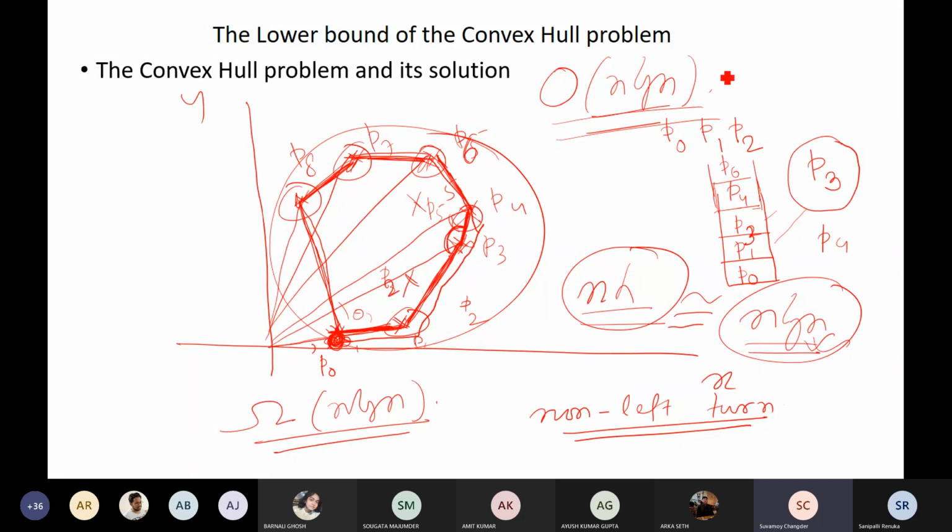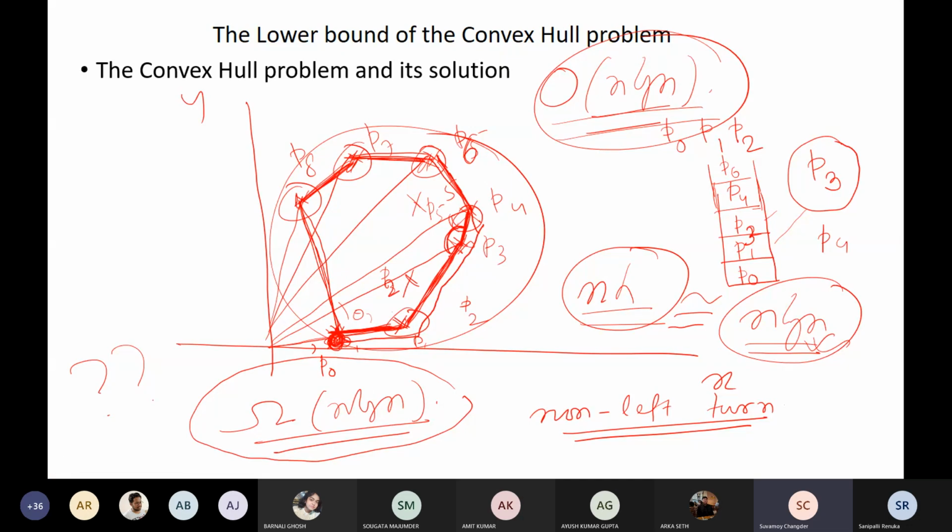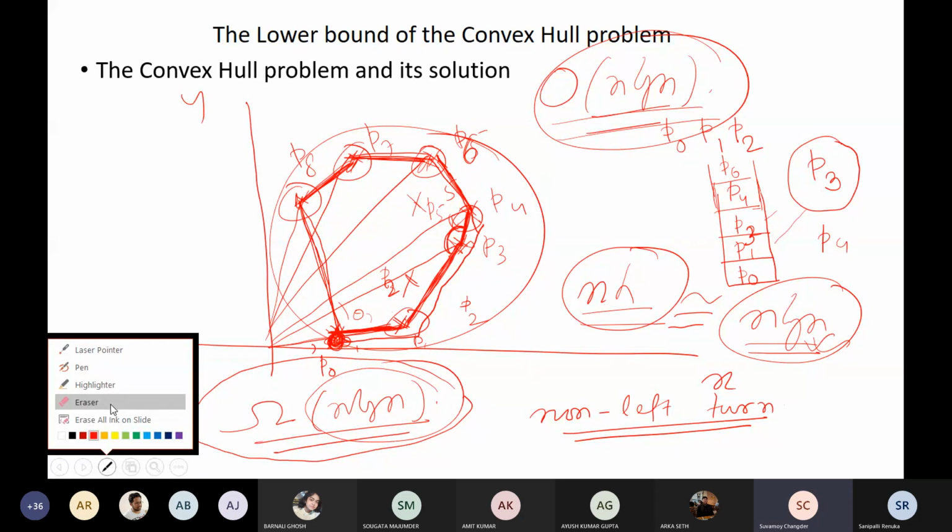Okay. So this is not our target. Our target is: is it possible to find an algorithm whose time complexity is less than n log n or not? That is our target. Now let us check whether it is possible or not.